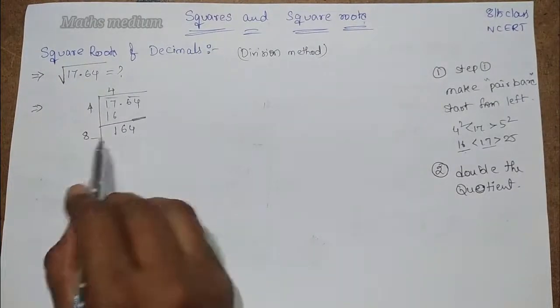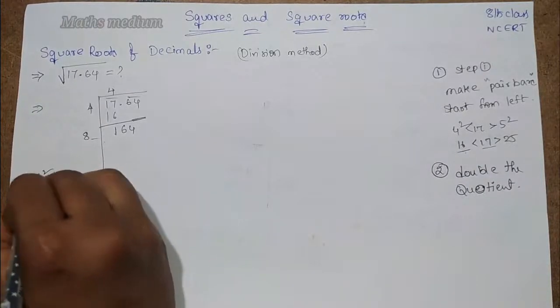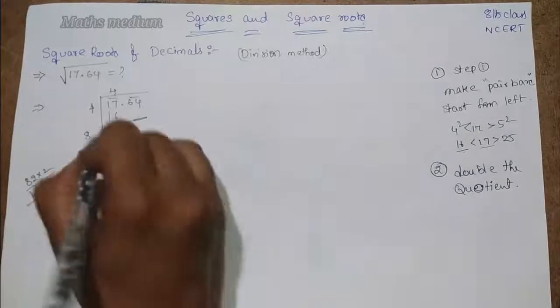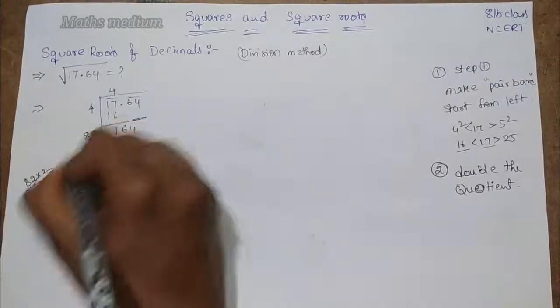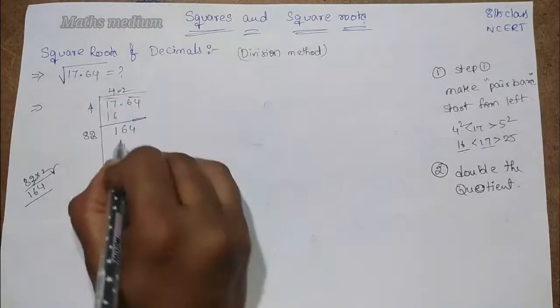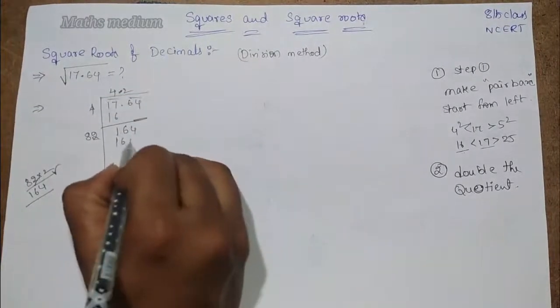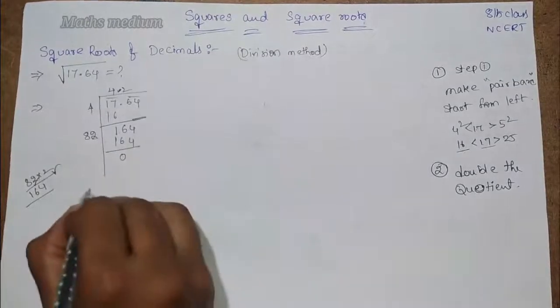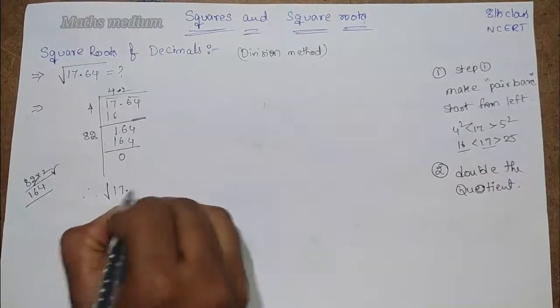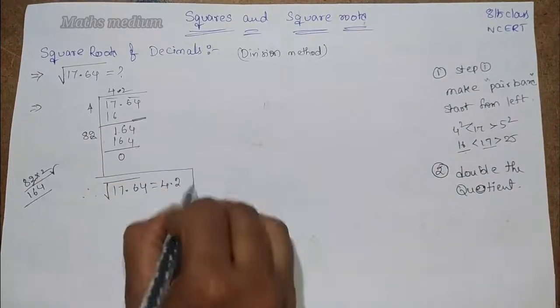If you take 2, 82 into 2, 2 2s are 4, 2 8s are 16. 164 is right. So use this 2 here, use this 2 here. Now put a point, because we are using digits after the point also. Now 82 164 0. Therefore root over 17.64 is equal to 4.2 as the answer.